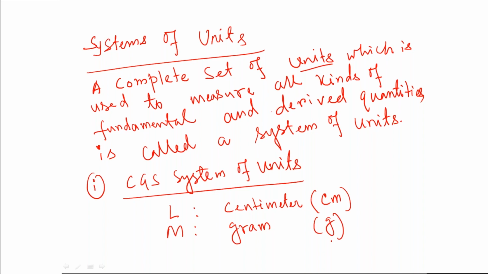Sometimes people write gm, which is not correct. You should not put any full stop, like c dot m dot. Just cm, just g. These are some rules for units. You should not put any dot in between.